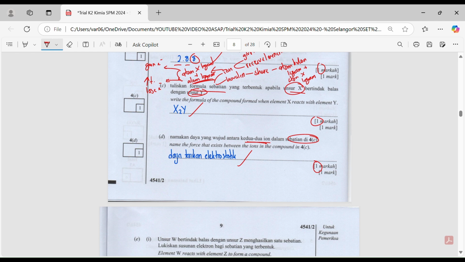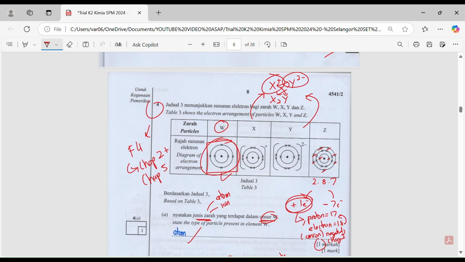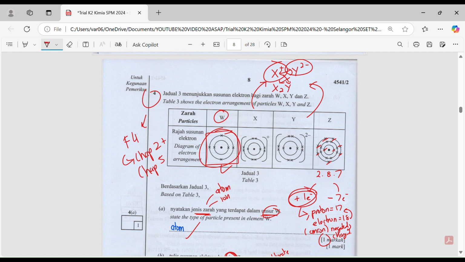Next. Unsur W bertindak balas dengan unsur Z menghasilkan satu sebatian. Lukiskan susunan elektron bagi sebatian yang terbentuk. Alright, let us look at W and Z. So as said earlier, Z has a higher tendency to gain electrons.